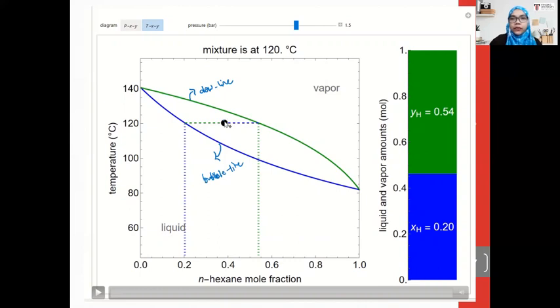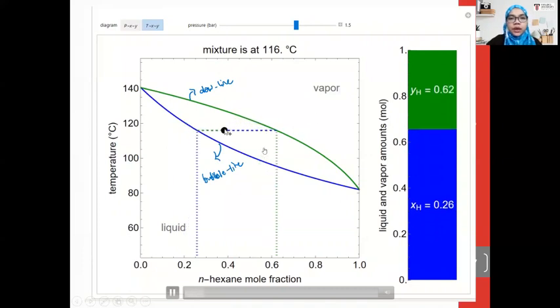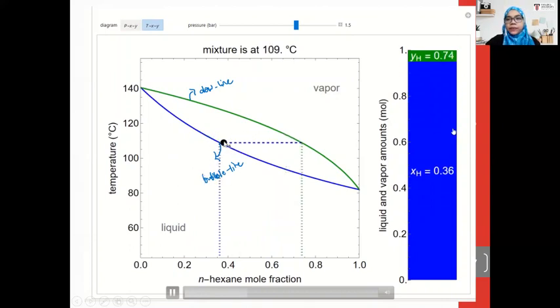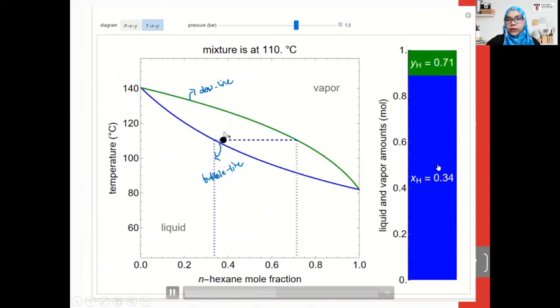So for example, if we have an overall composition of about 0.4, and we reduce the temperature of the process, the composition tends to become liquid.